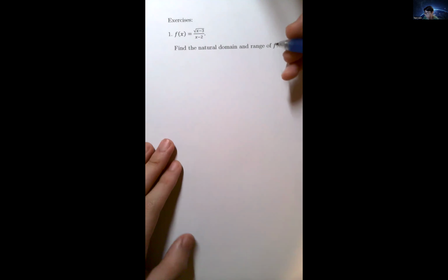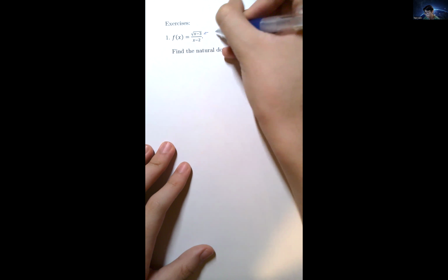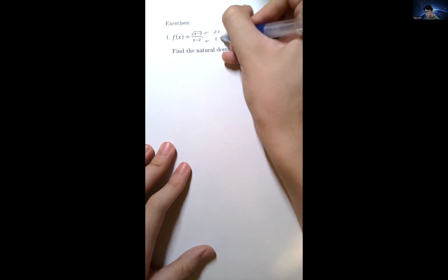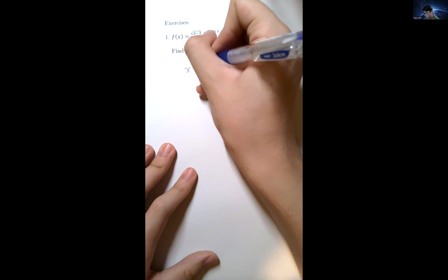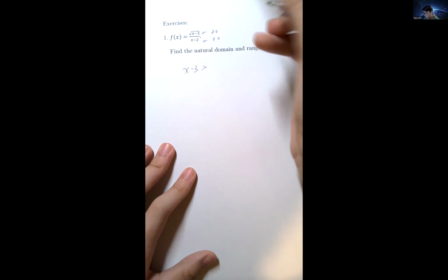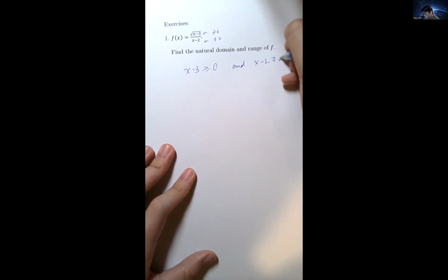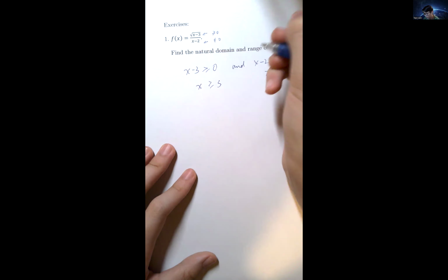Okay, so let's begin. For the natural domain of this function, you know that the expression under the root should be greater than or equal to 0, and the denominator cannot be 0. So x minus 3 is larger than or equal to 0, and x minus 2 is not 0. So x is not equal to 2, and x is larger than or equal to 3.